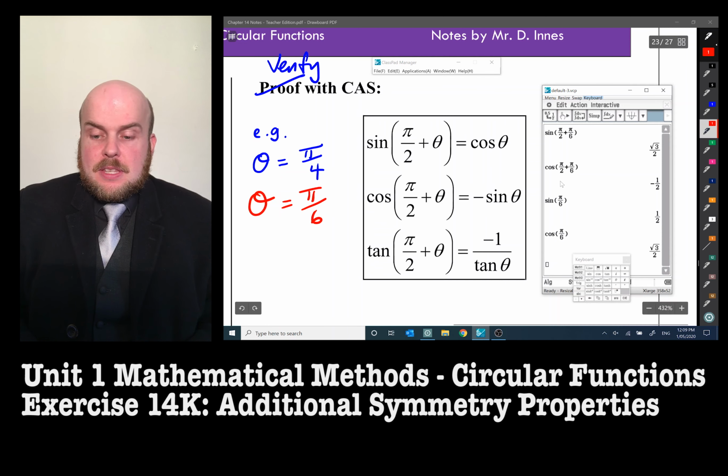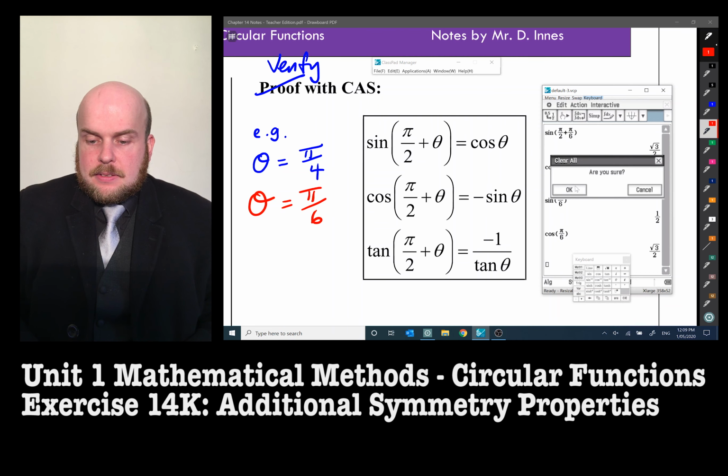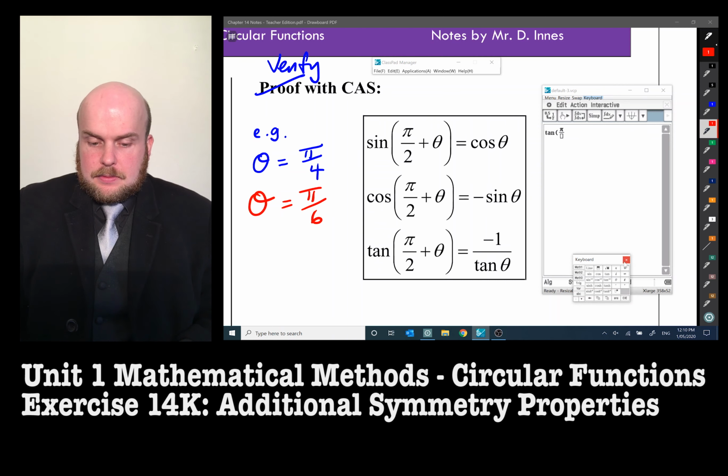As for the tan value, this is a little bit harder to show, but hopefully we can see here. So now that you realize what we've done here, we'll clear this, and we'll have tan pi on 6, which is root 3 over 3.